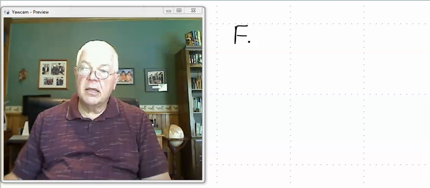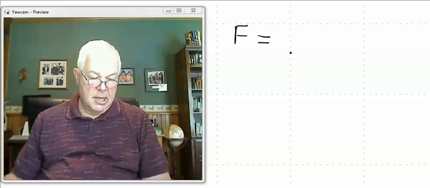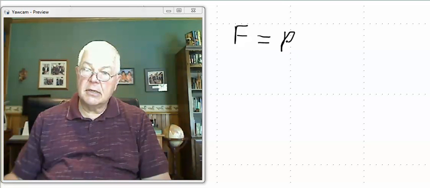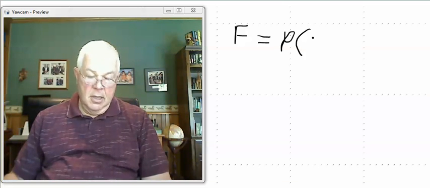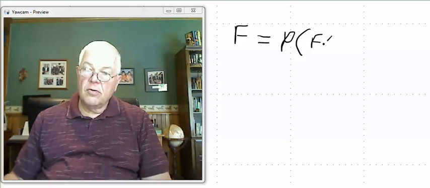Now, we'll do more with this. But in addition, these are generally written in a straightforward fashion. They are generally written in a functional format. The future is equal to the present times the future divided by the present.